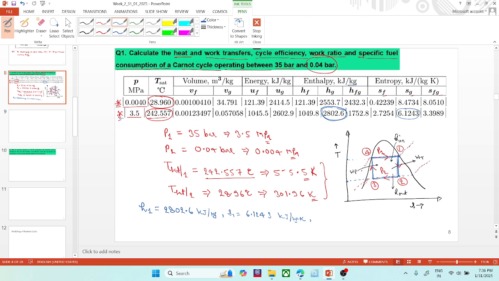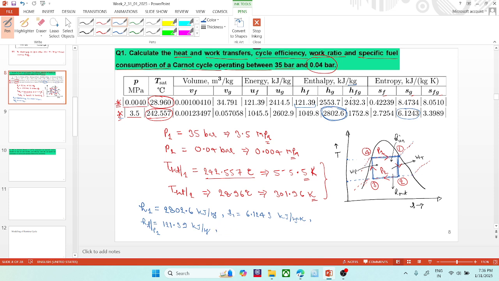Okay, at point 2, this is pressure P2, right? So at the pressure P2, which is 0.004 megapascal, the value of the liquid enthalpy Hf is 121.39 kilojoule per kg.